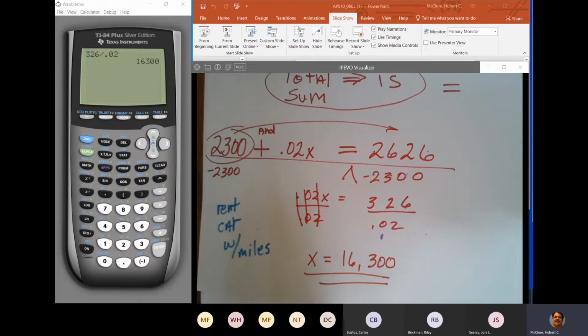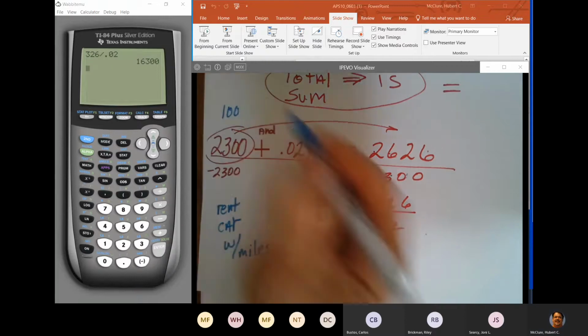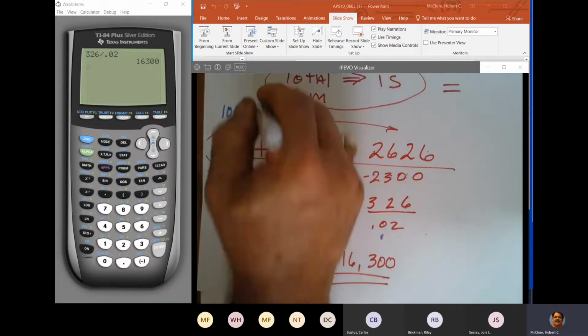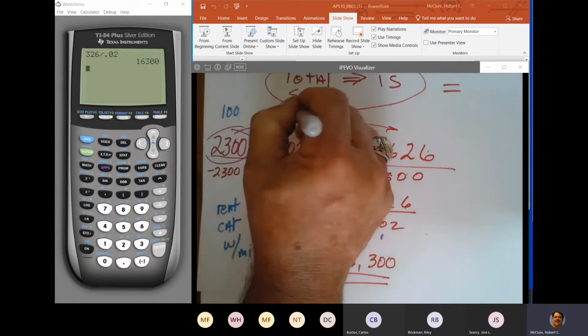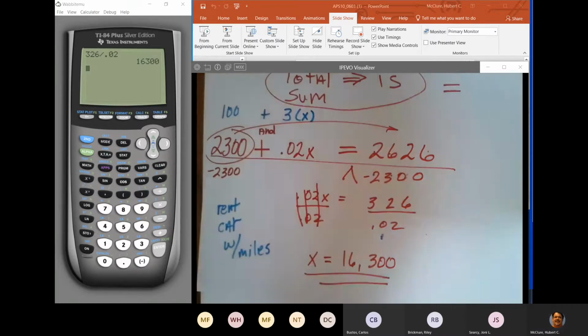Junior rents a car for $100 a day, plus $3 each day after a certain number of days.